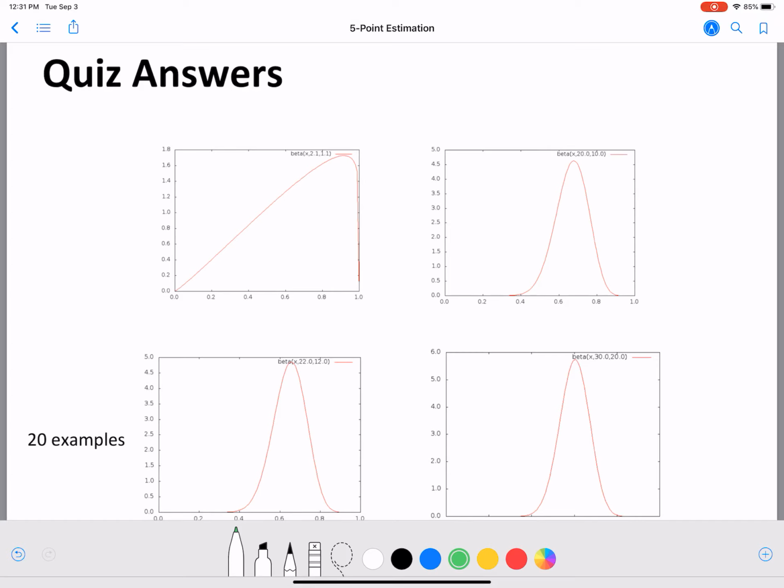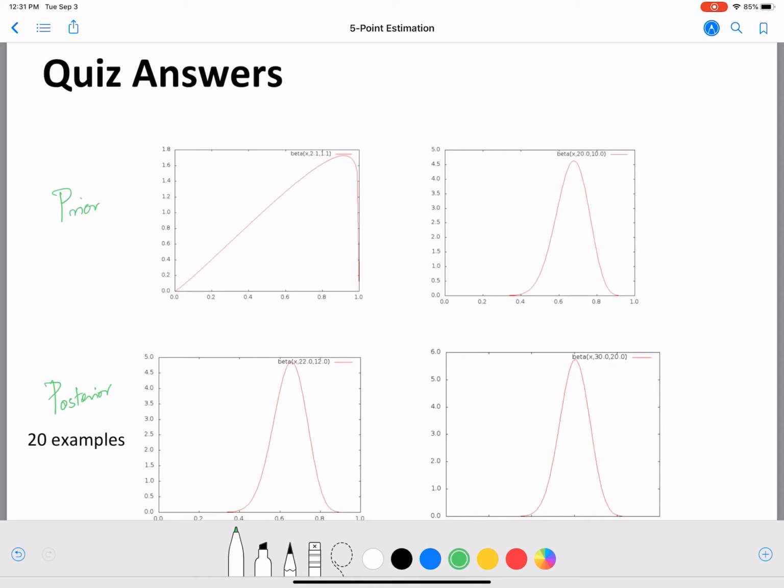So let's see if that is happening. Now we have more examples, and we have 10 of each. So we have here, this is the prior again, and this is the posterior.